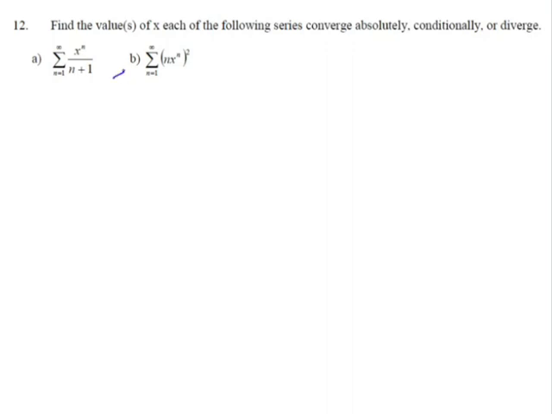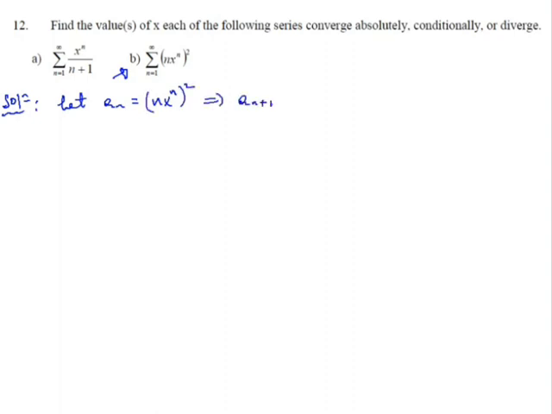Now let's see the b part. Here too I use the generalized ratio test. Let our an, the nth term, be n times x to the power of n, the whole squared.